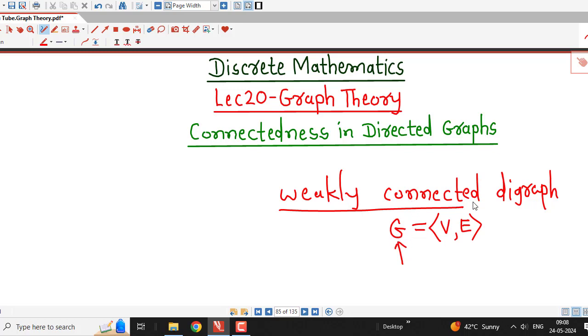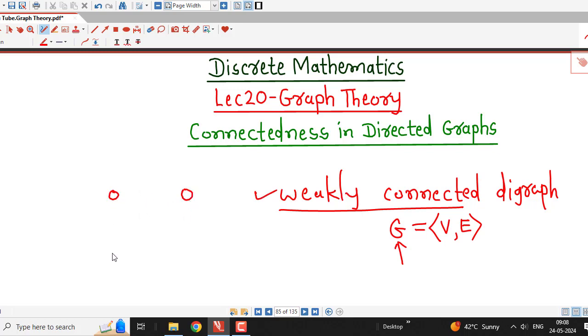A directed graph is said to be weakly connected if the underlying undirected graph is connected. That is, if direction of edges are neglected, then we will obtain undirected graph, and if that undirected graph is connected, then we say that given directed graph is weakly connected.